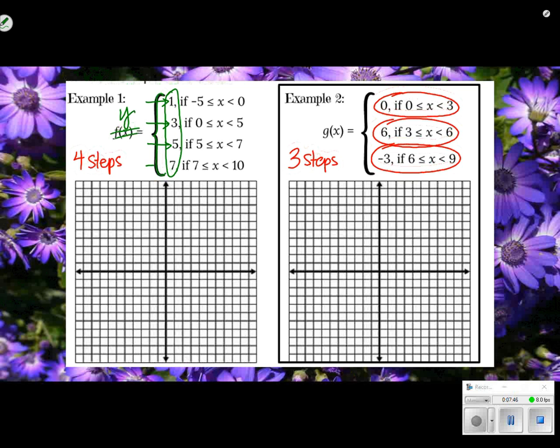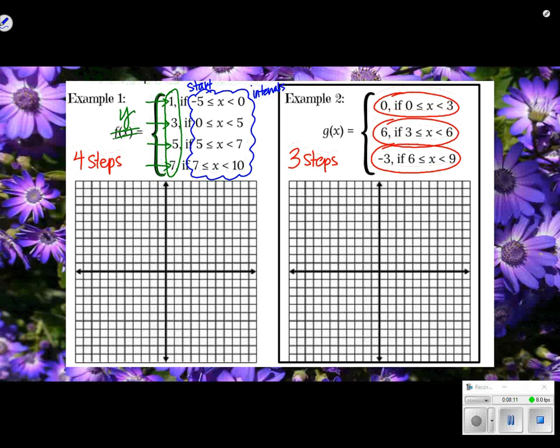So then the next question is, what's going on with this if stuff? These are our intervals, the ifs. Sometimes the ifs are written out, but these are where that function is allowed to be. It gives a starting point and a stopping point. The first number is where it starts on the x-axis.